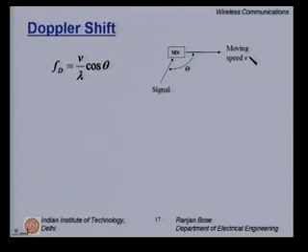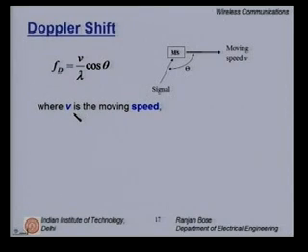Please note that the speed of the vehicle or the person walking is v. Fd, the Doppler shift, is given by v, the velocity of the mobile, divided by lambda, the wavelength, times cos theta, the angle. We will derive this shortly.